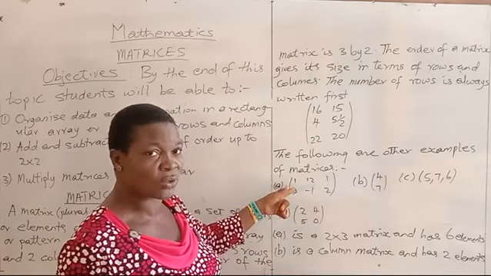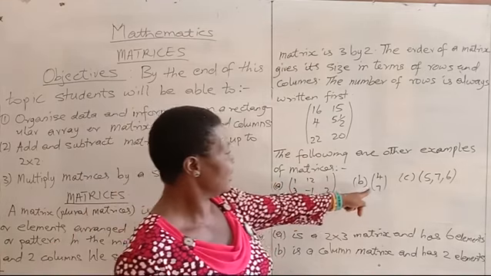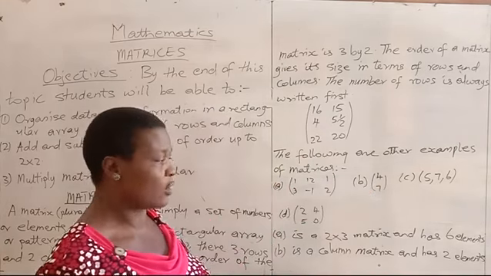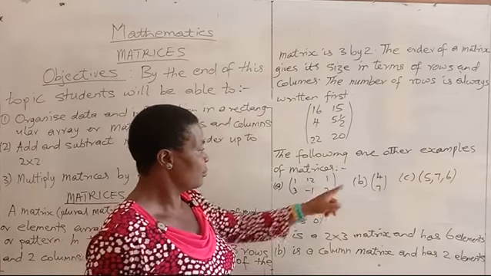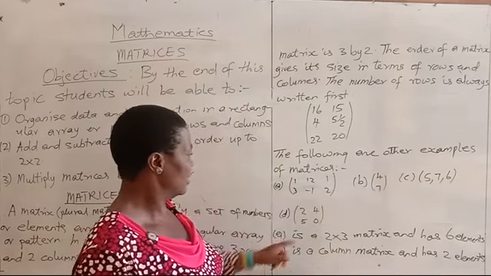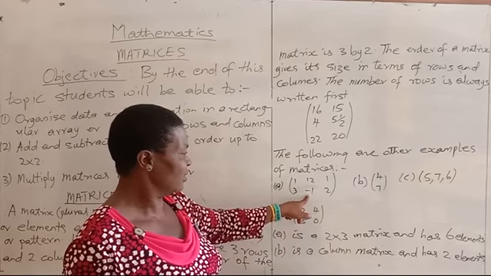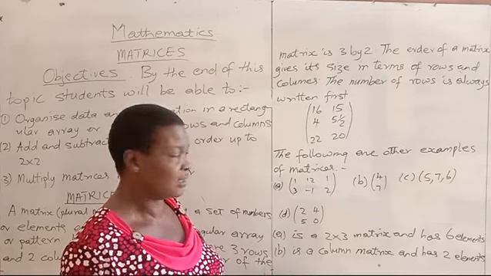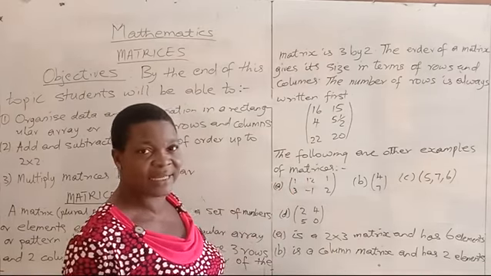That's why it is called a 2 by 3 matrix. Sorry, before I go to the column matrix, let me look at this first. This one has 6 elements. 1, 2, 3, 4, 5, 6. It has 6 elements.